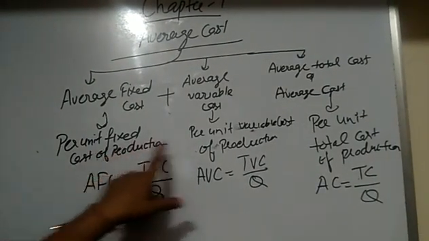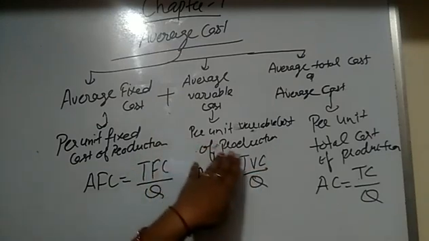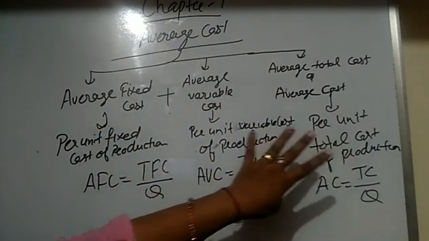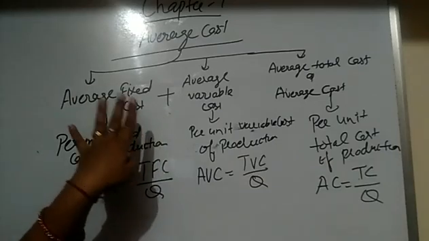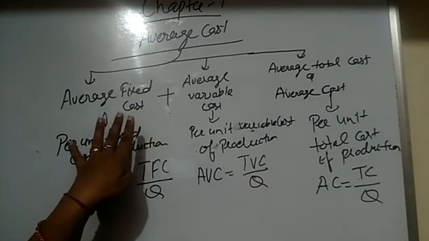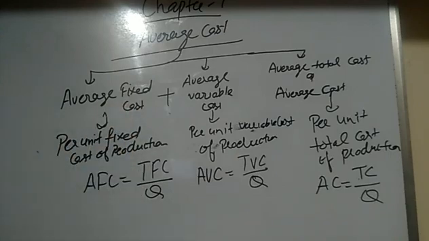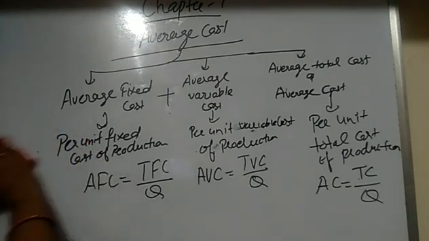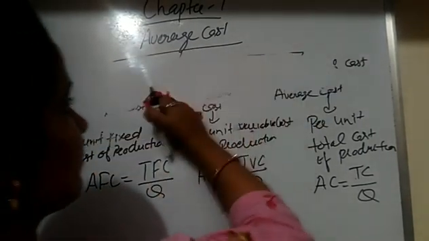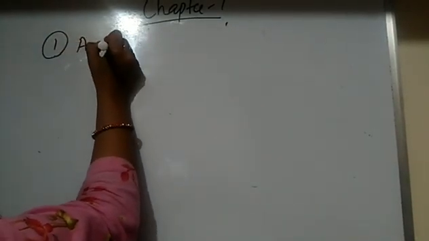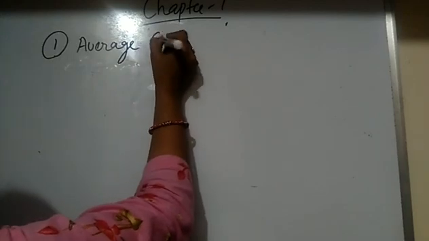Okay, students, now we understand these three different average costs with the help of a table and a graph. First we discuss average fixed cost.